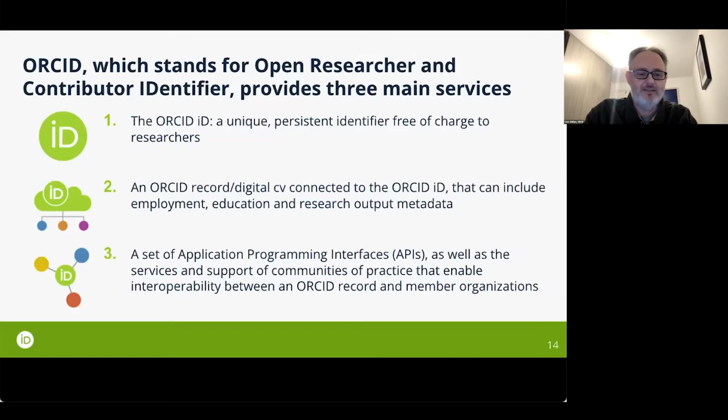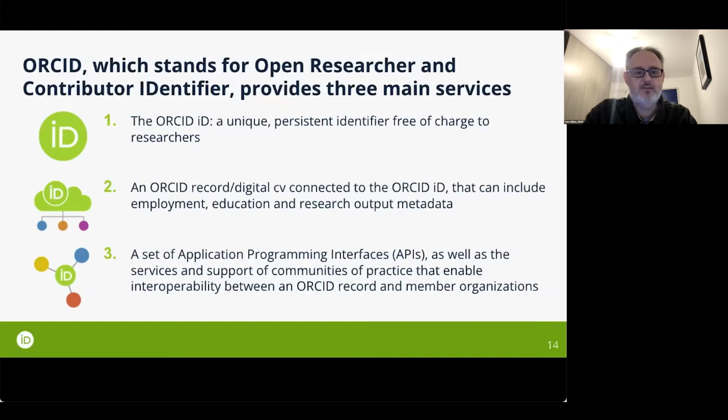But in addition to the identifiers, we provide an ORCID record. You can think of that as a profile or a digital CV, which enables the researcher to connect their identity, their ORCID ID, with metadata about their contribution to scholarship, whether that's employment, educational qualifications, research outputs, funding awards, etc.